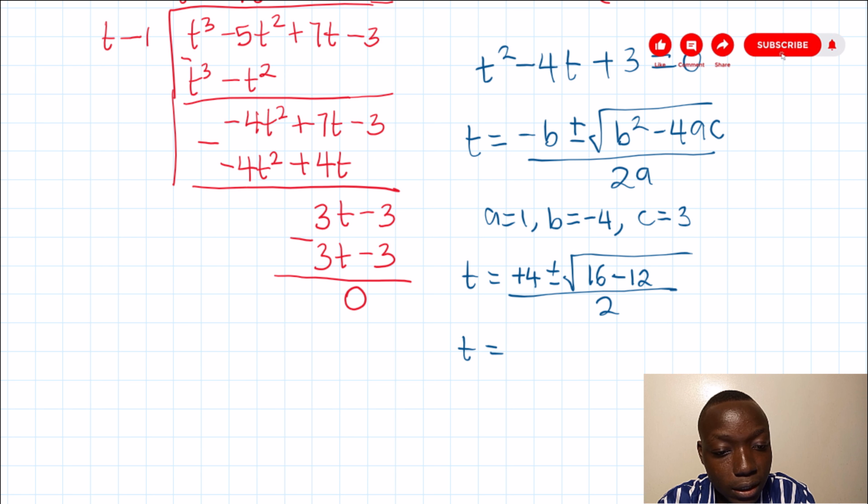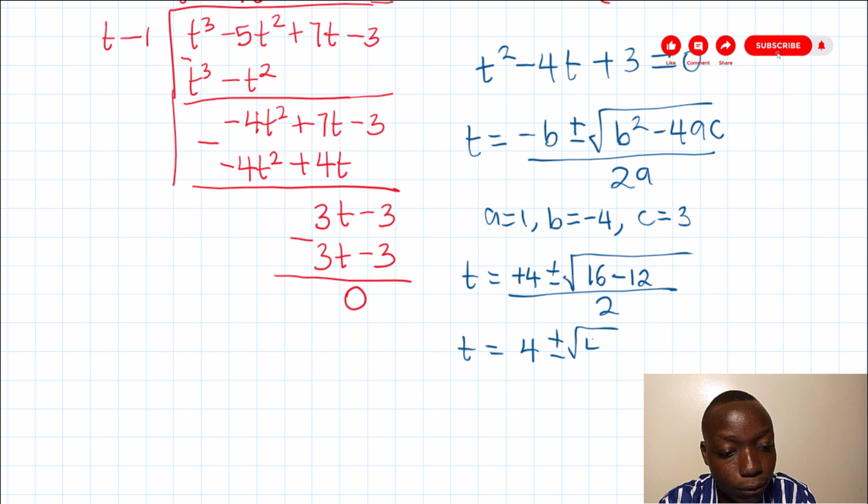So t is equal to 4 plus or minus the square root of 4, over 2. So t is equal to 4 plus or minus 2 over 2.